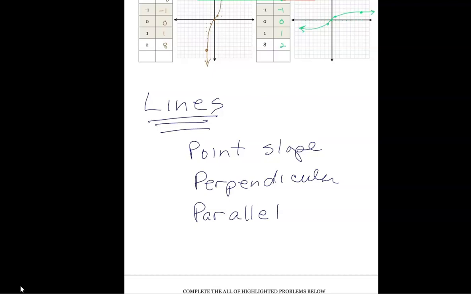So you've got 3 forms of a line. Point slope, y equals mx plus b, which is slope intercept, and standard form. You've got to know and be able to manipulate all of these forms. So watch the video I did on lines. It will give you a lot of good hints as to what you have to be very, very good at in order to be successful on this coming quiz.